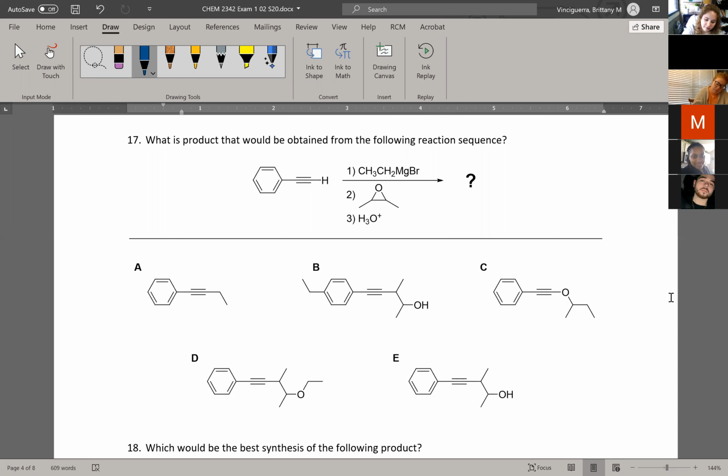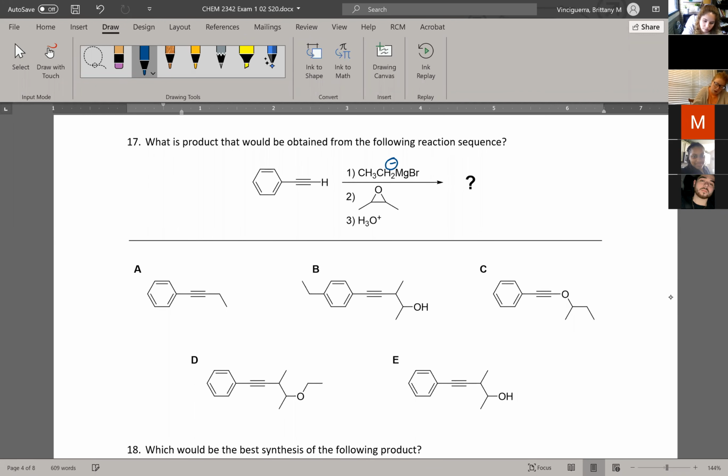Yeah, so you're going in the right direction. The Grignard is a strong base, right? So we are going to be deprotonating the terminal alkyne, putting the electrons on the last carbon. That makes an alkynide anion.